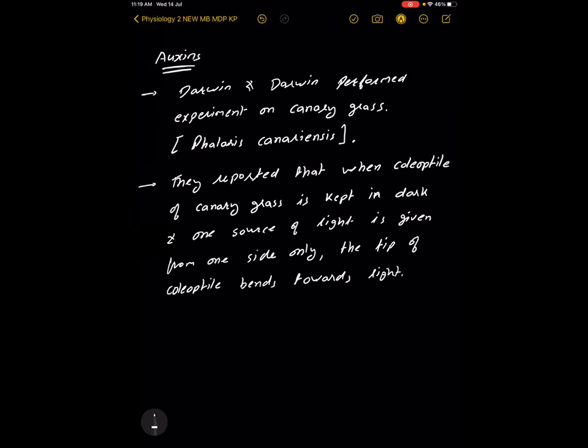This is the coleoptile, and it bends towards light, and this is the source of light. That's it.